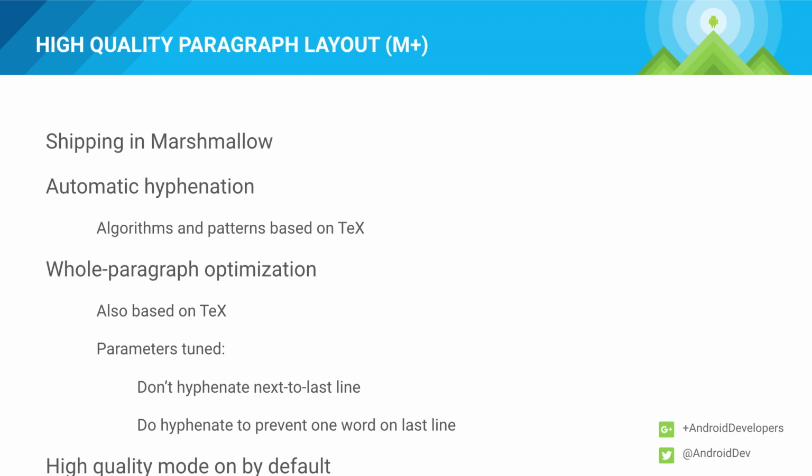But on the other hand, one of the reasons why you want to do this hyphenation and this high quality paragraph layout is you want better information density. This is especially important when you have very narrow settings, and especially true on very small screens like watch faces, that if you break a word and you leave a huge amount of empty space, that's waste.